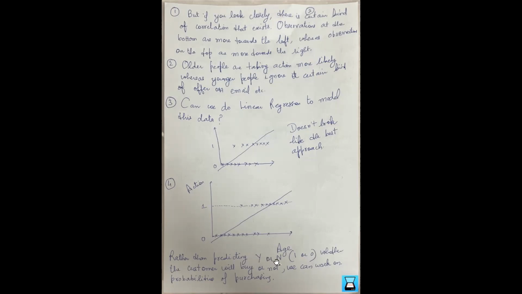Rather than predicting yes or no, can we attach probabilities, that is, the probability of making the purchase? Then we can cover some portion, because probabilities also lie between 0 and 1.